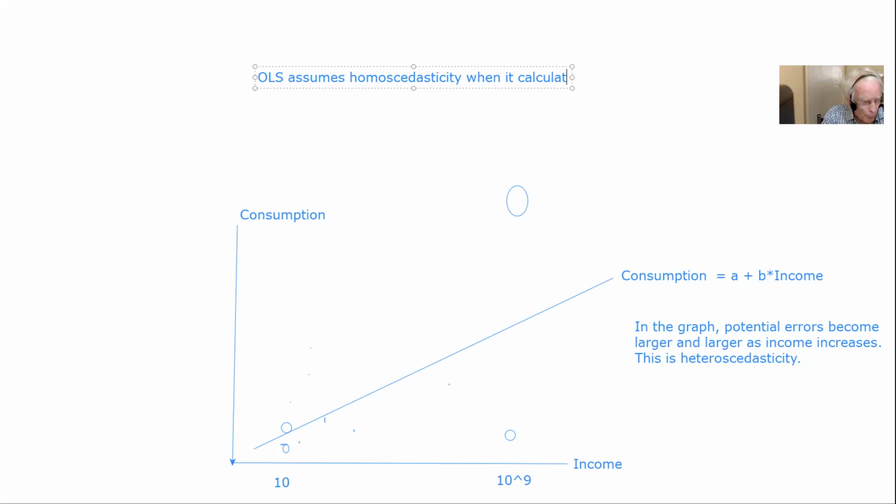In particular, it assumes constant variance of the error when it calculates the standard error of the coefficient estimate.